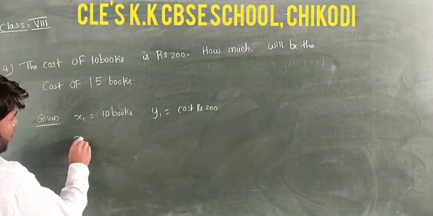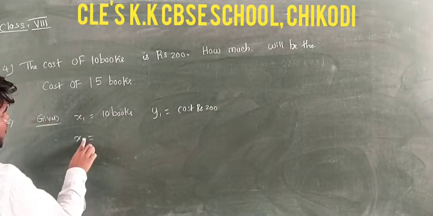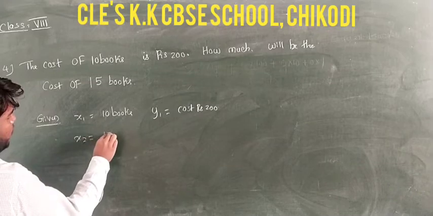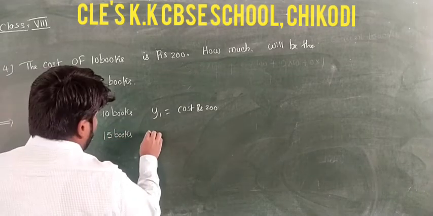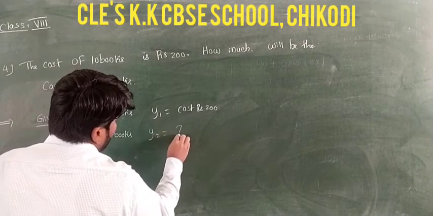Similarly, x2 is 15 books, and y2 we need to calculate.